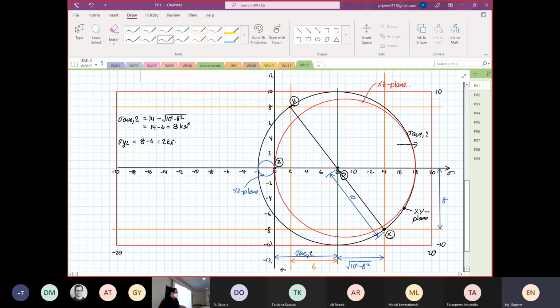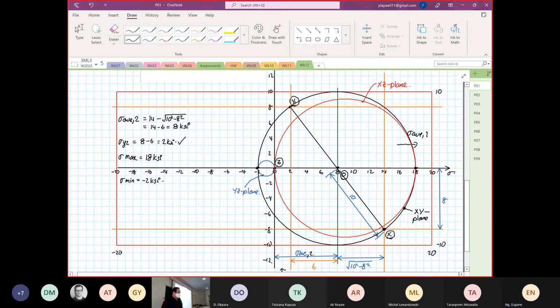Okay. So now after constructing the 3 circles, we realize that the answer is valid. Okay. So when it is 2 KSI, this answer is valid because what we just found over here is that your stress max is equal to 18 KSI, and your stress min is equal to minus 2 KSI.